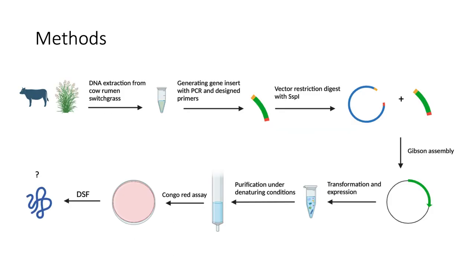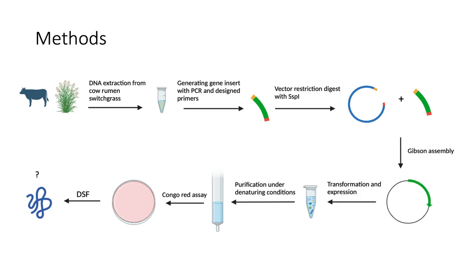This is an overview of what we did in our Chem 131B class. First, we extracted DNA from Rumen switchgrass. Then, we generated gene inserts with designed primers via PCR. We did restriction digest with SspI for our empty vector pET His6 tag. Then we inserted our genes into the linearized vector via Gibson assembly.